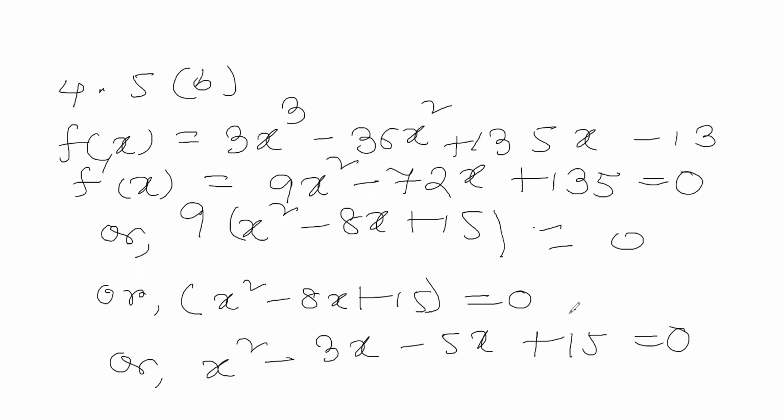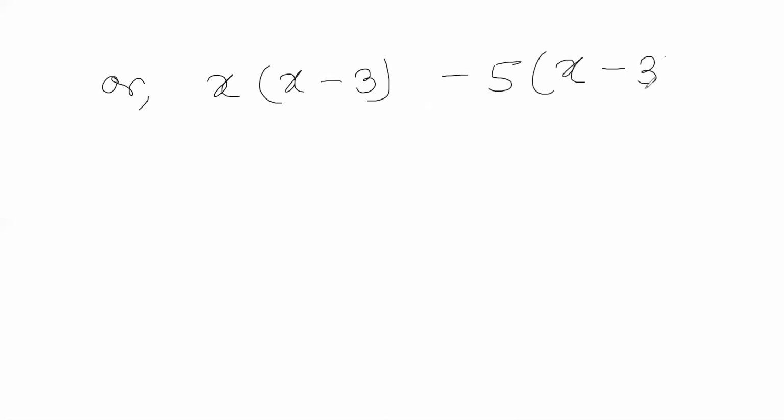Now if I take x in common, I will get x into x minus 3 minus 5 into x minus 3, set equal to 0.